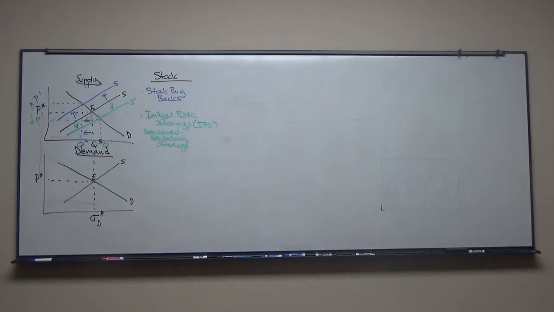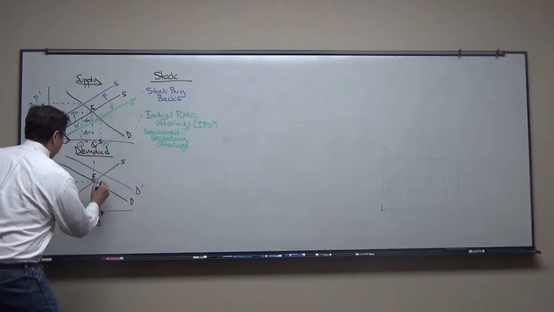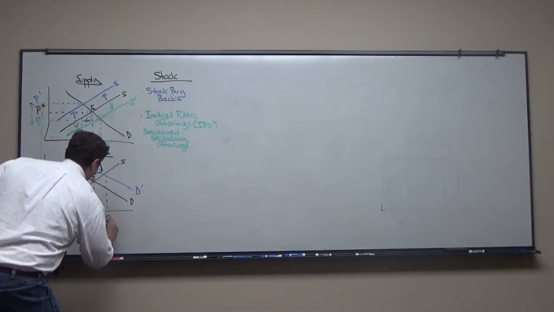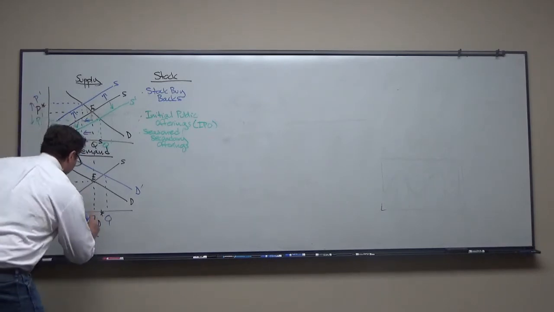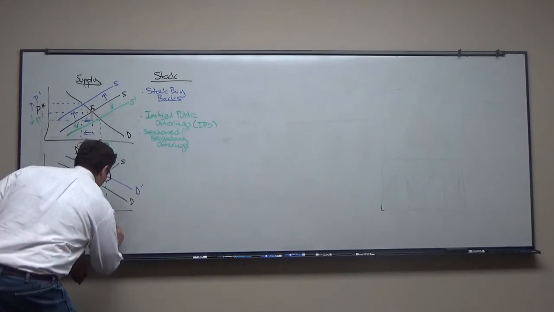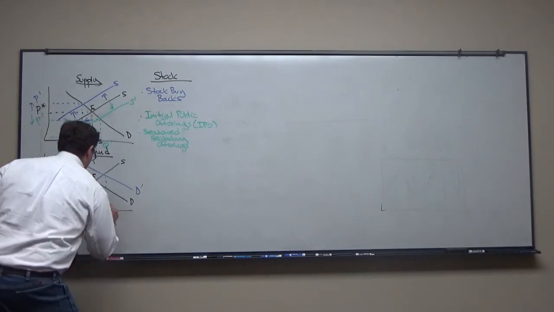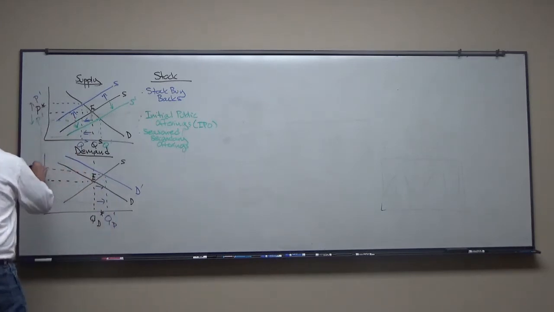And then what would cause the demand curve to shift up for stocks, causing the quantity demanded to shift out, causing the price to go up? So what would cause demand for stock to go up?